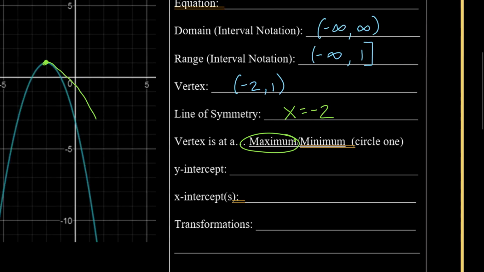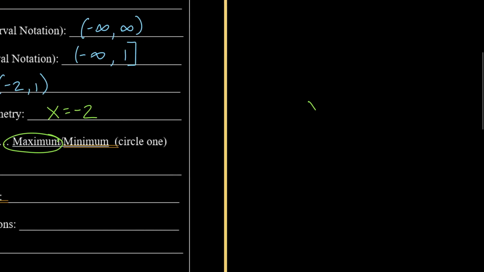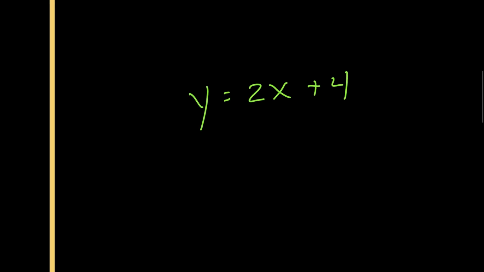So, okay, say I had this. Just looking at this, what is my y-intercept? 4. And how could you have gotten that? Why is it 4? Because it's plus. Okay. What is the x value at our y-intercept? 0.